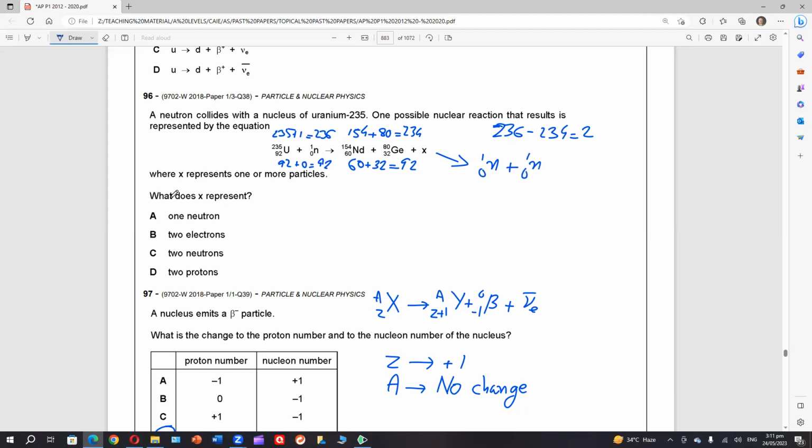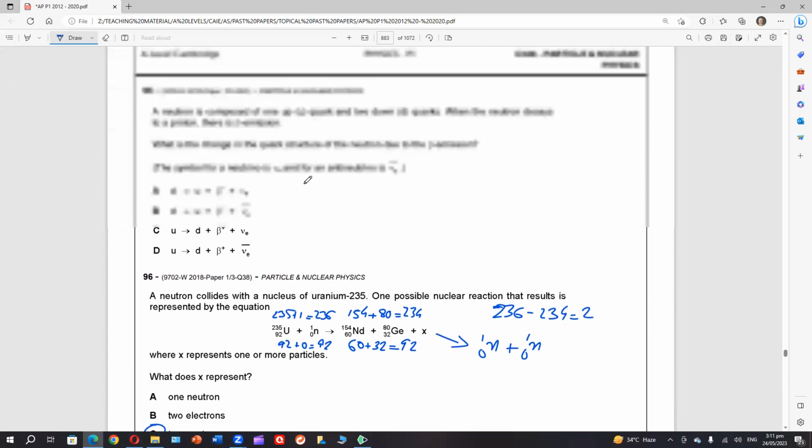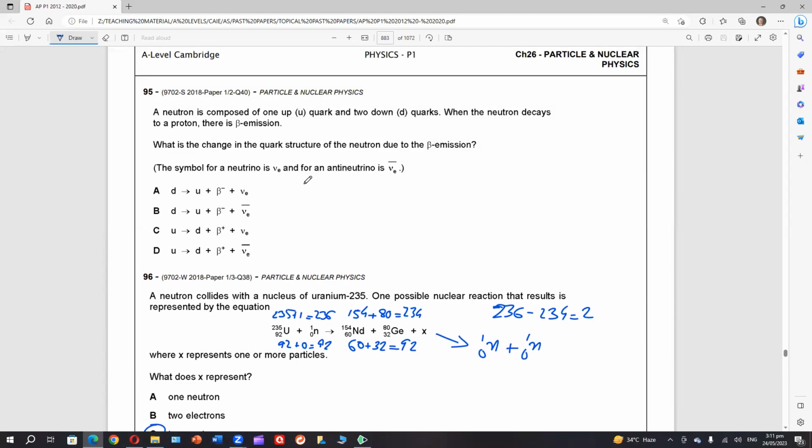So this is the idea. A neutron is composed of one up quark and two down quarks, UDD. When the neutron decays to a proton, there is a beta emission. Neutron to proton gives a beta minus, right?